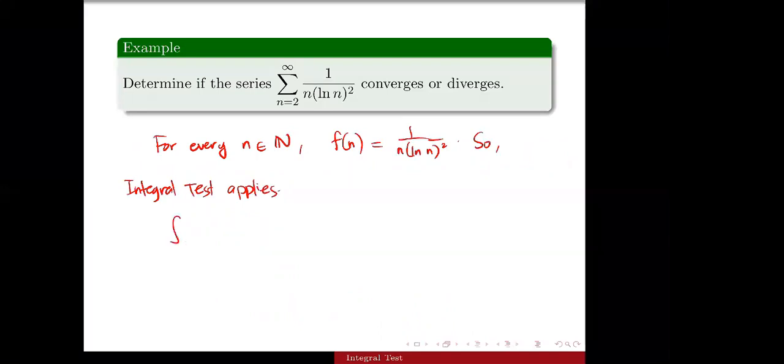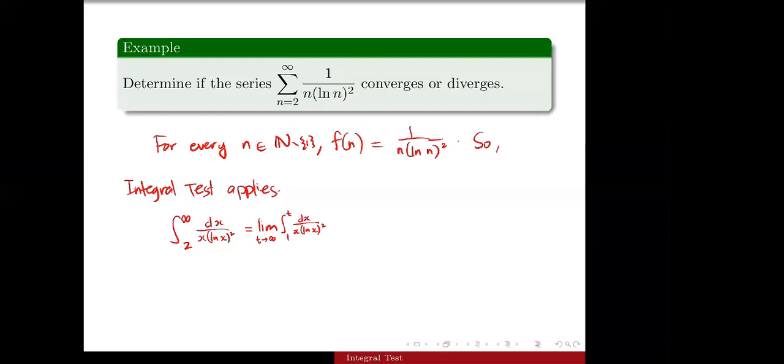So for the integral, we start from 2, so in here, the set of natural numbers except 1, because I started from 2. We have the integral from 2 to infinity of dx over x ln of x squared. This is equal to the limit as t approaches plus infinity of the integral from 2 to t of dx over x ln of x quantity squared.